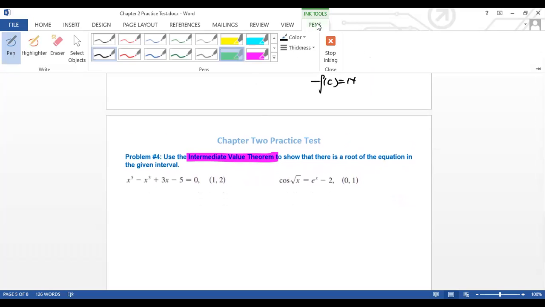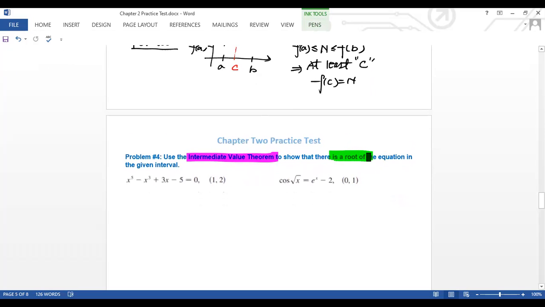Now let's use the intermediate value theorem to find roots. Let's review: what does root mean? That means this C value has to equal zero, right? The root is the place where your function touches the x-axis.